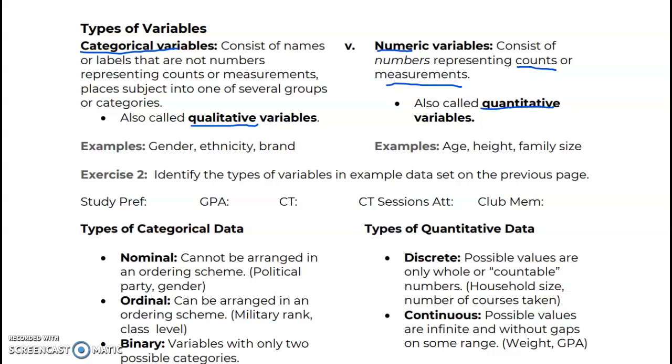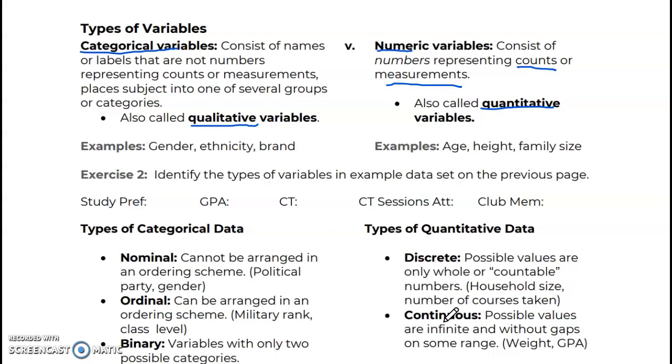For the categorical variables, we have either nominal data, which cannot be arranged in any ordering scheme. For example, political party or gender. Even though we may feel very strongly that one political party is better than another one, it is simply personal preference, and we could list this in any order. Then we have ordinal data.